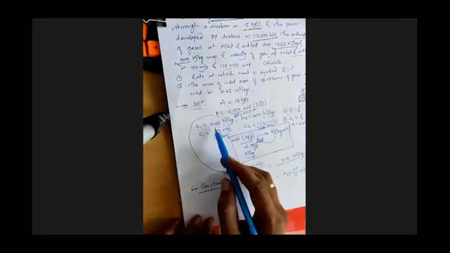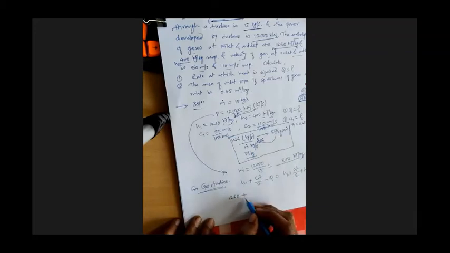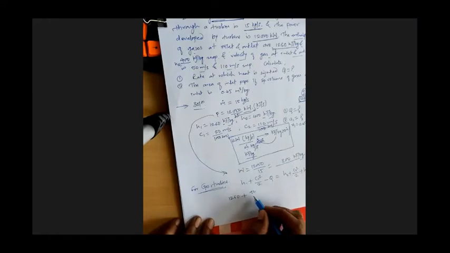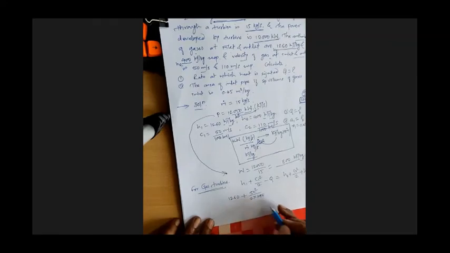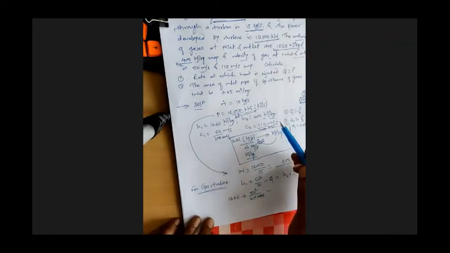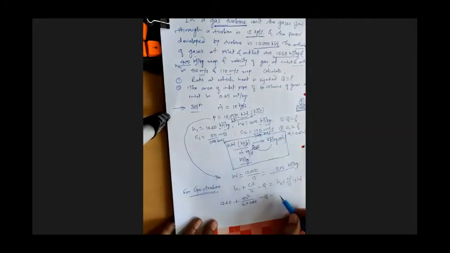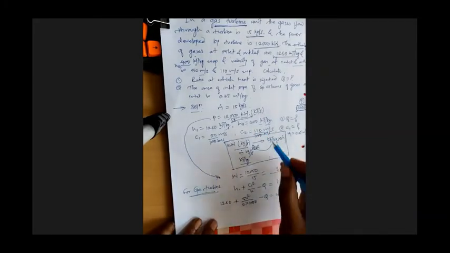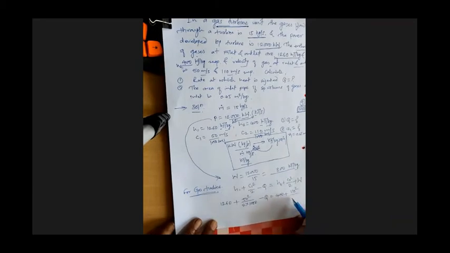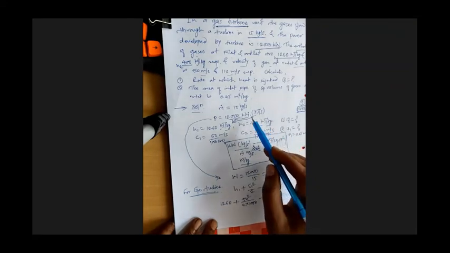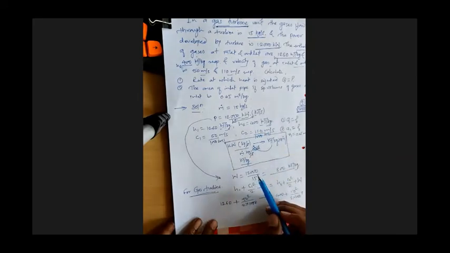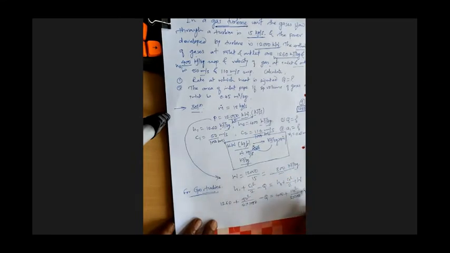Now what is H1? 1260 plus C1 is 50 square by 2 into 1000 minus Q. That Q is unknown, that we need to calculate, is equal to H2, which is 400 plus C2 is 110 square by 2 into 1000 plus W, where we converted 12,000 divided by 15, that is 800.